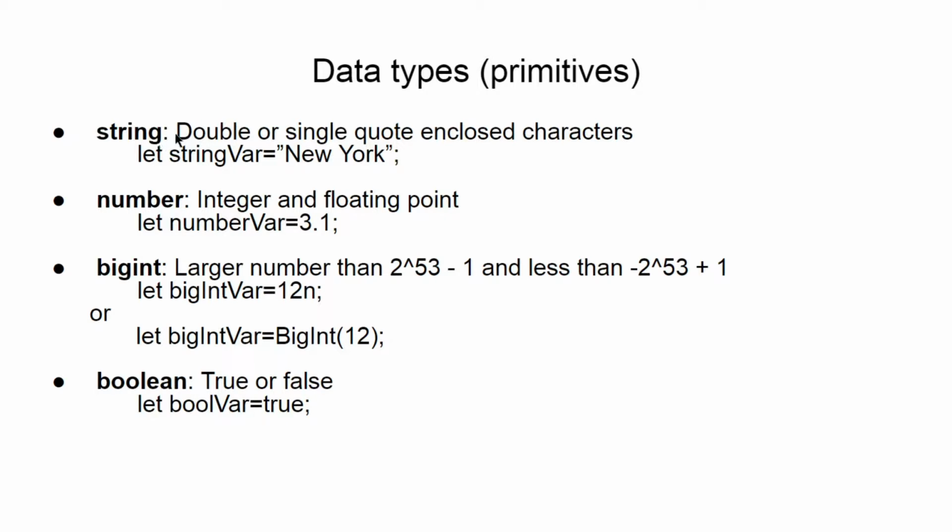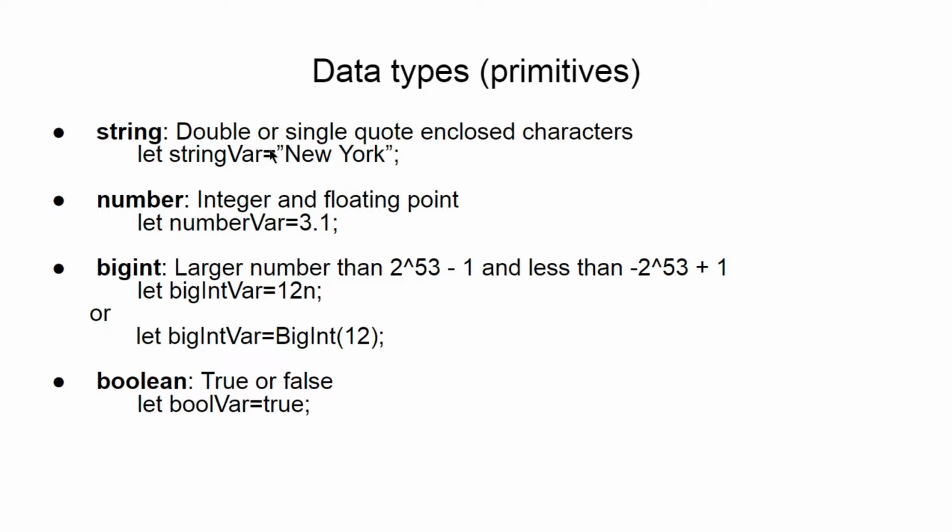This is a string. It is used to store double or single quote enclosed characters. This is the first example. In the declaration, we can find different elements. The first element is the let keyword. The next element is the name, the variable name or identifier.